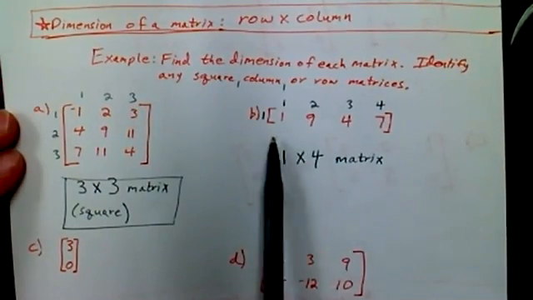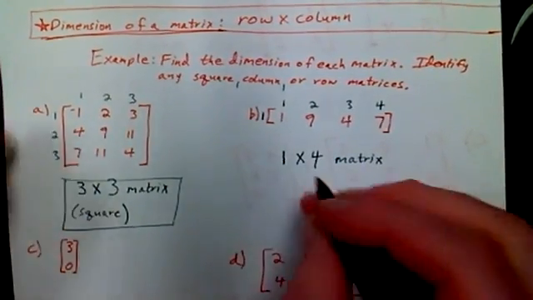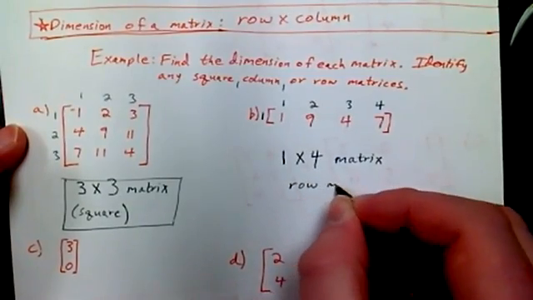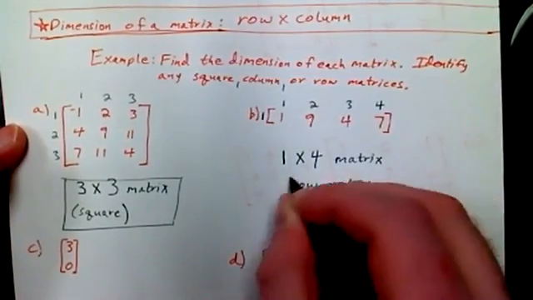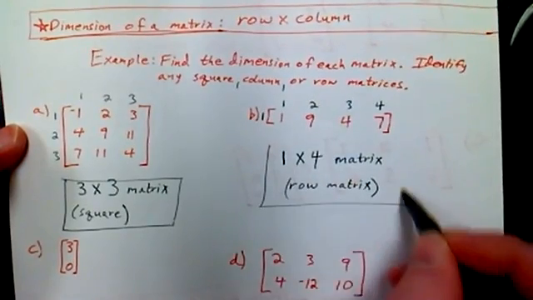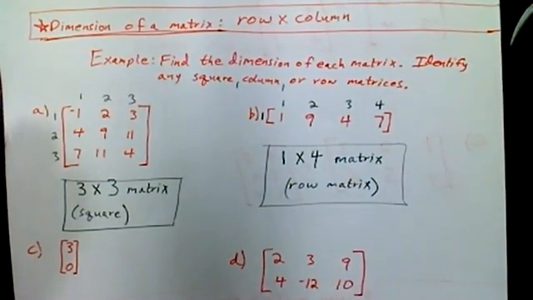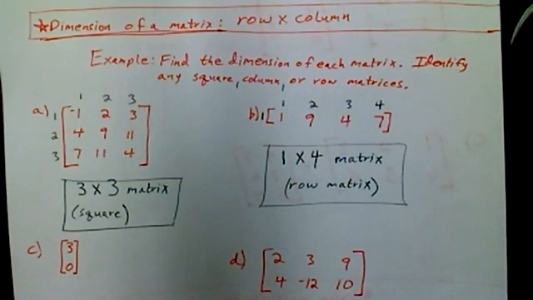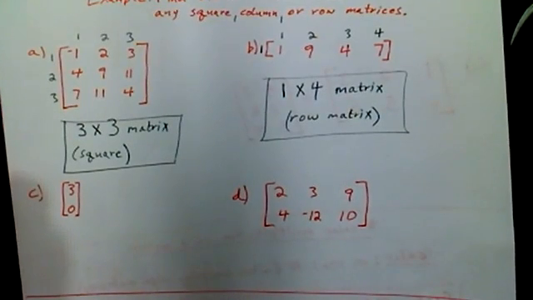Since this is just all in a row, it can be classified as a row matrix as well. And row matrices and column matrices have a lot of use when you get to linear algebra. So if you're studying math or engineering, physics, there's a lot more to them and you can really go in depth. But just so we know the terminology for now.